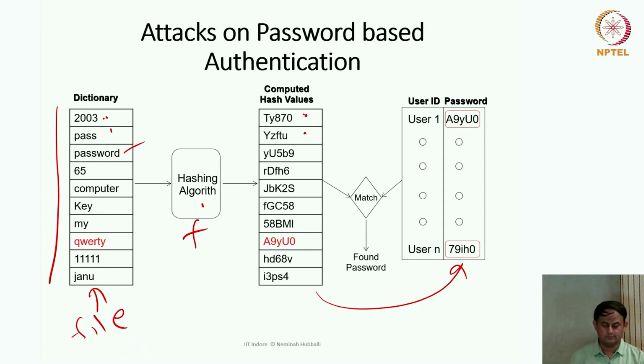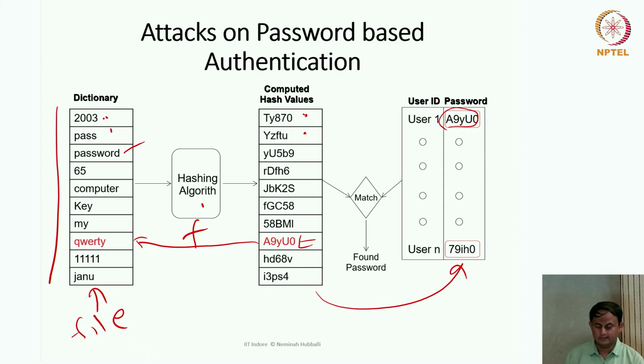So this is hypothetical. Let's say user 1 has the hash value A9YU0, and this is the one actually matching this hash value. You go back and check what was the keyword that was used to generate this hash value. That is the password of user 1.